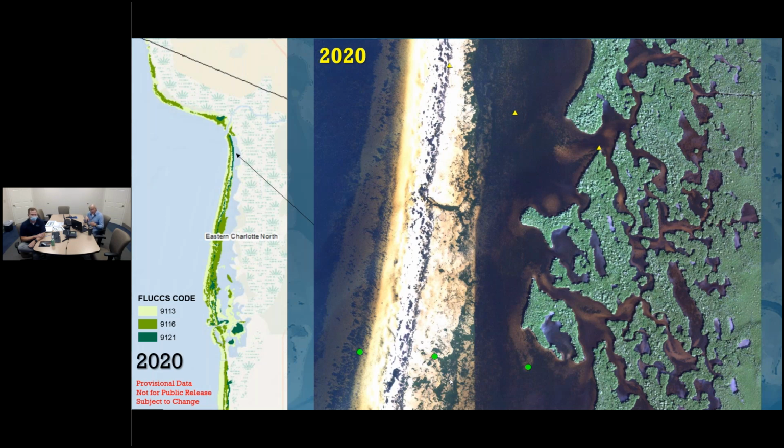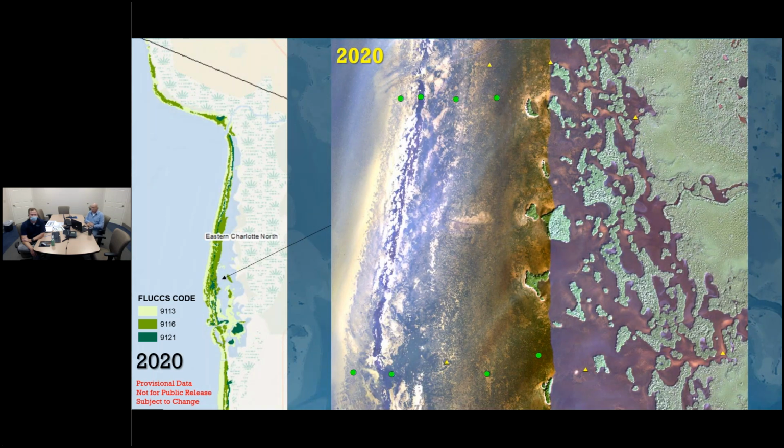We do have the independent accuracy assessment points, which we're not showing today, and additional data that we were given by the Aquatic Preserve, by Mindy's staff as well. So, just understand that these are not the only points that we have in these systems, but these are points that are here to characterize what Nate's talking about.